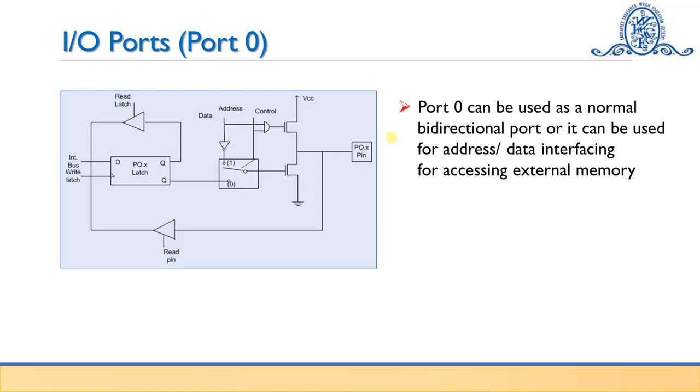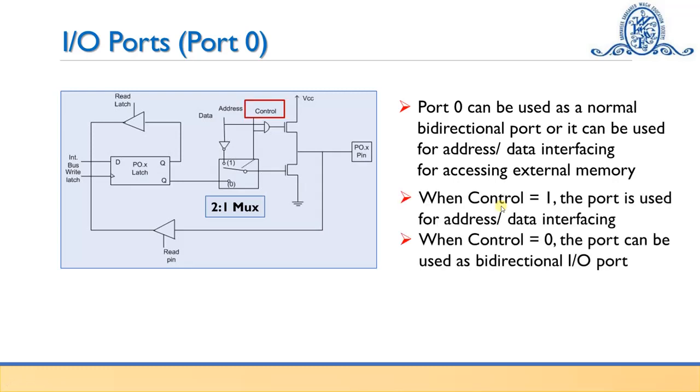There is a 2:1 multiplexer, and you can see that it can take either data or address, or it can be used for IO purposes also. The internal bus write latch is there, and it can be used either as IO or for address and data interfacing for accessing the external memory.